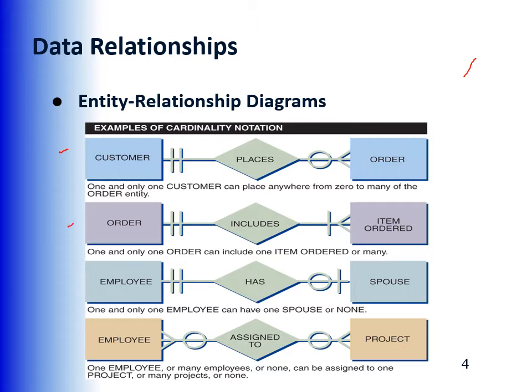The second example is one and only one order can include one item ordered or many. The third one, one and only one employee can have one spouse or none. And the last one is one employee or many employees or none can be assigned to one project or many projects or none. You can watch the ERD videos attached for better understanding.